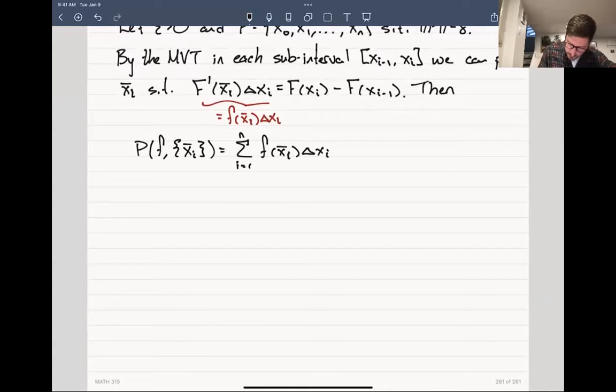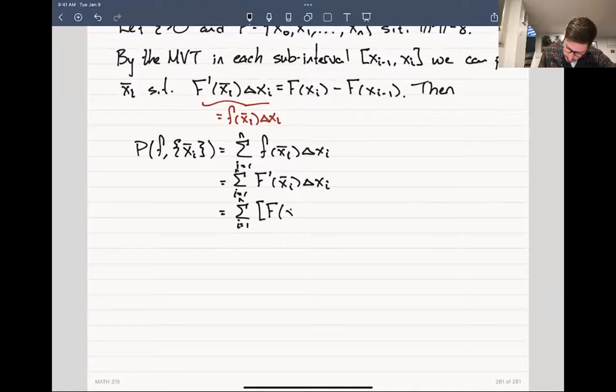As I just said, this little f term, you can equivalently write as F prime of xi bar times delta xi, which from the mean value theorem and our choice of evaluation points, this tells us that this is capital F of x_i minus capital F of x_{i-1}, which now we have a telescoping sum.